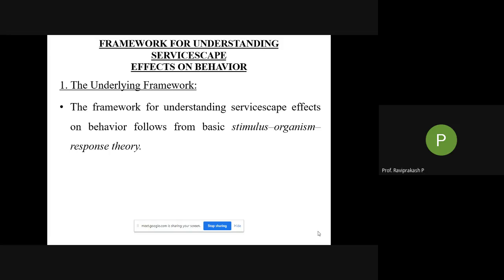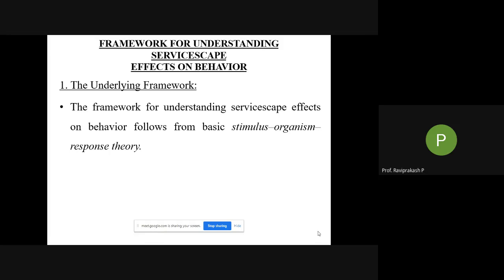So it is called multi-dimensional. Okay, consumers and the employees are the organisms. In my example, the organism was the plant. In the service framework, the employees as well as the customers are the organisms that respond to the stimuli, and behaviors directed at the environment are the responses.